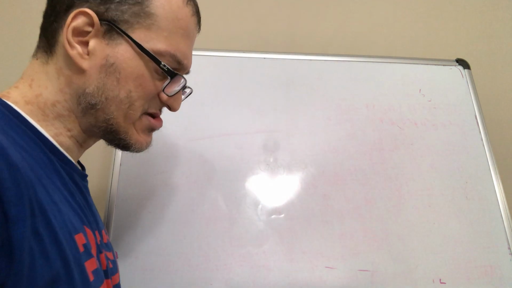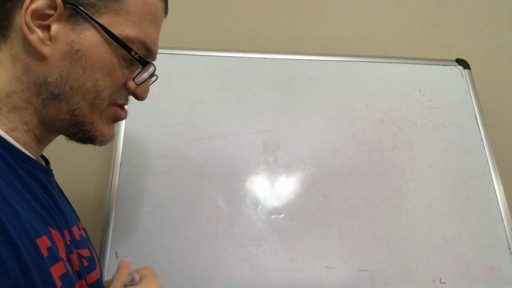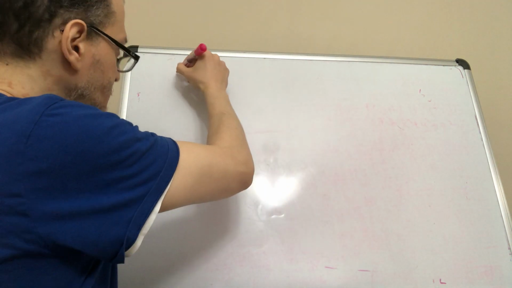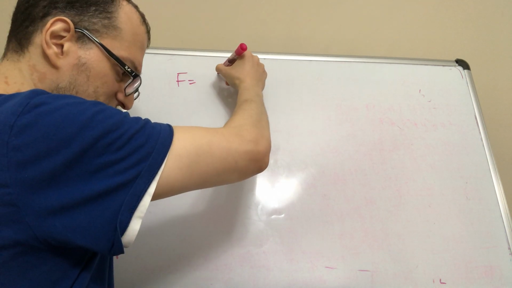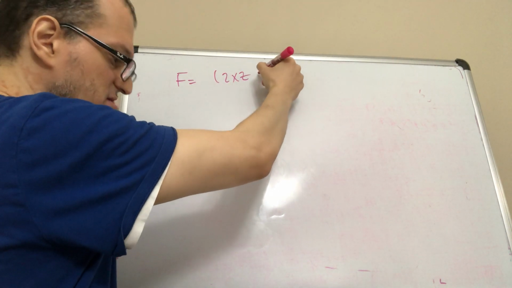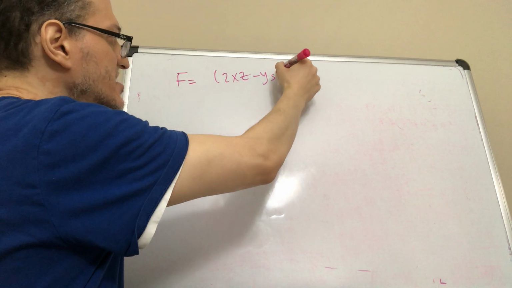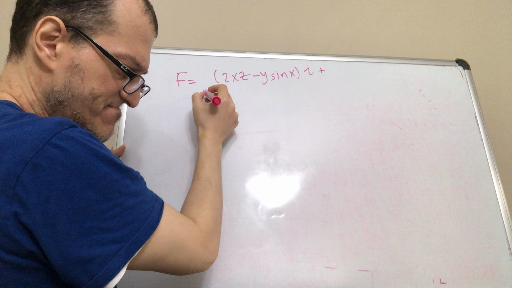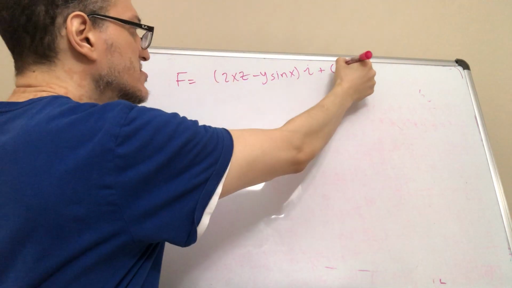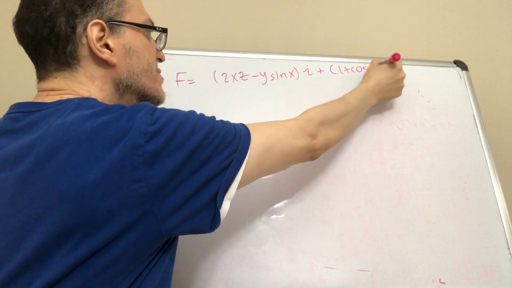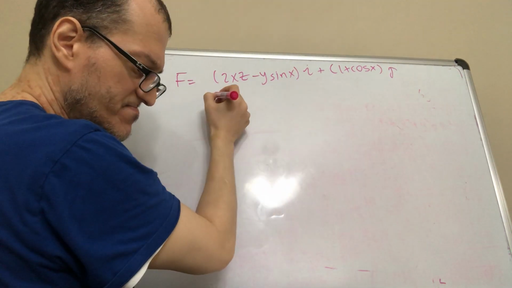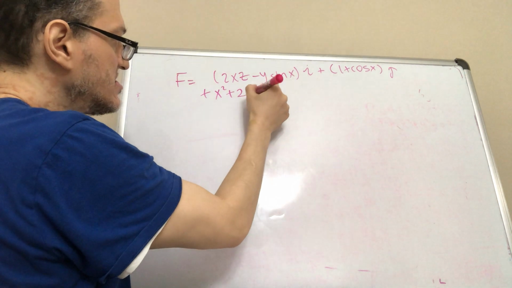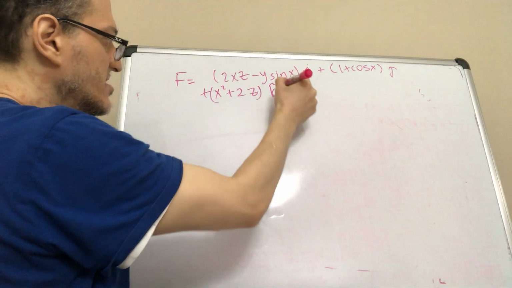We'll do a conservative question now, but in 3D. So the question is, you're given 2xz + y sine x in the i direction, 1 + cosine x in the j direction, and x squared + 2z in the k direction.